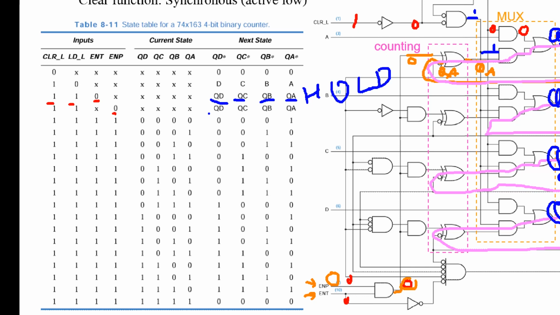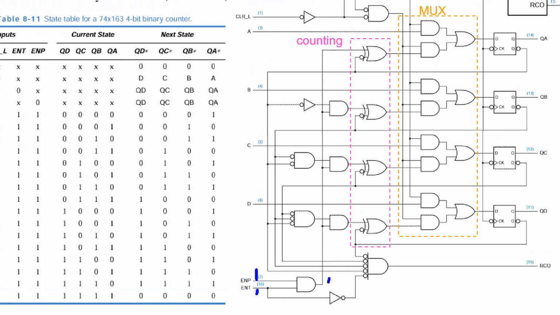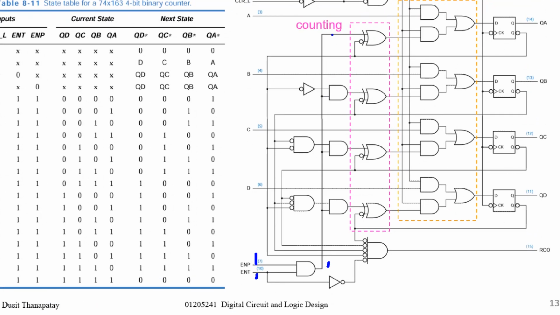So for counting mode, enable P and enable T must both be 1, 1. If this is 1, 1, it's 1 here. And for example, this is QA, right? So QA XOR 1 becomes QA prime, or toggle.